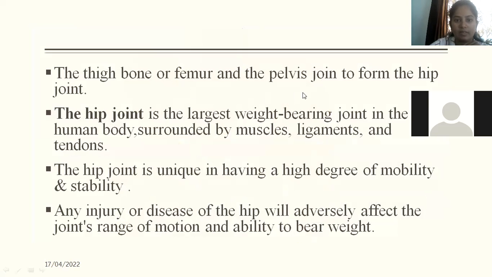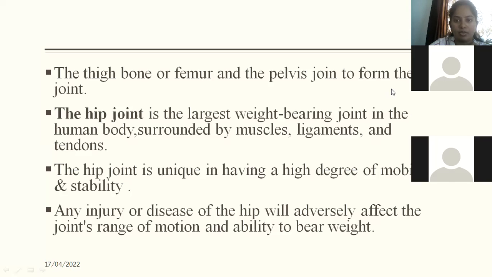Okay, the hip joint is the largest weight-bearing joint in the human body, surrounded by the muscles, ligaments, and tendons. It is a unique joint having a high degree of mobility and stability, and anything that happens to the hip joint will adversely affect the range of motion and the ability to bear weight for any human being.